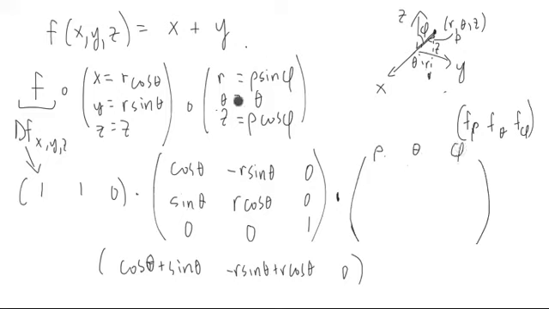So with respect to rho, gives us sine phi, 0, and cosine phi. With respect to theta, we have 0, 1, 0. With respect to phi, we have rho cosine phi, and 0, and negative rho sine phi.